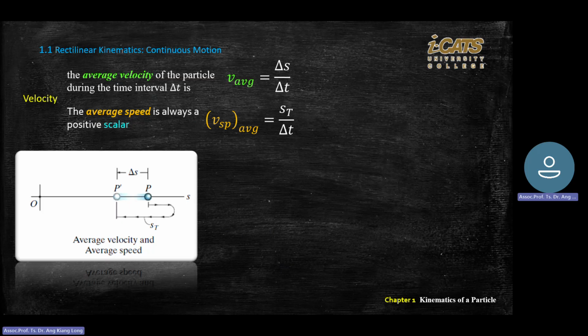The positive direction of S is to the right. So if you calculate average speed, you need to calculate the total distance traveled by P and then going back to P prime.